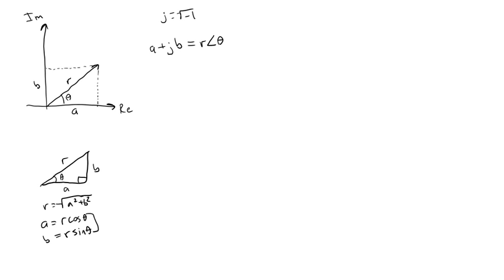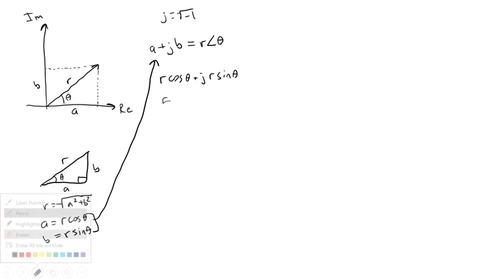If I plug these into my rectangular form, you see I get r cos theta plus j r sine theta. Factor out the r. That becomes r times (cos theta plus j sine theta).